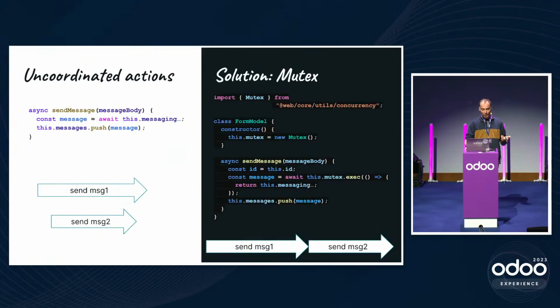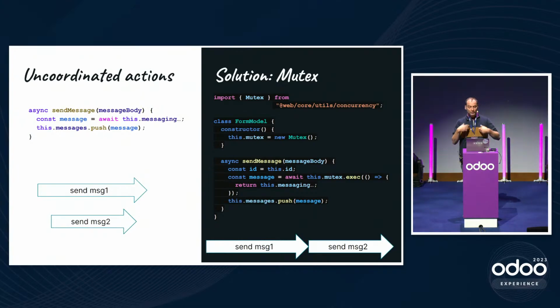So how can we solve this? We can coordinate those actions. They were not coordinated, they were just done in a naive way. Now we want to serialize them to make sure that they will be sent in a proper order. That's what this code is doing. We use a mutex, something that you can import from the web core utils concurrency file.